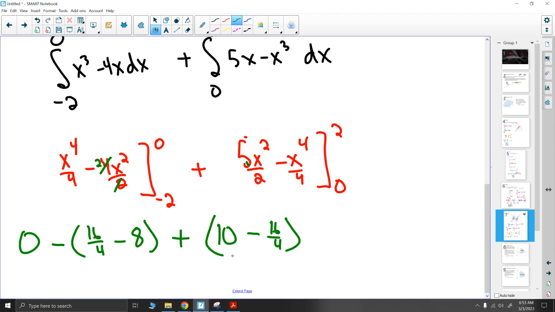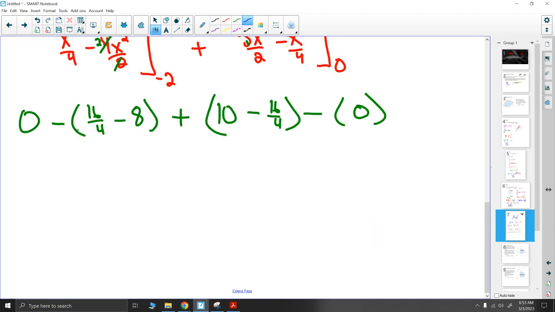Okay, so that's that one, minus plugging in 0, that's just a 0 there. Okay, so negative, this would be 4 minus 8 plus 10 minus 4. So 4 minus 8 is negative 4 minus, so that's a negative of a negative, it's positive 4. And then 10 minus 4 here is going to be our 6.